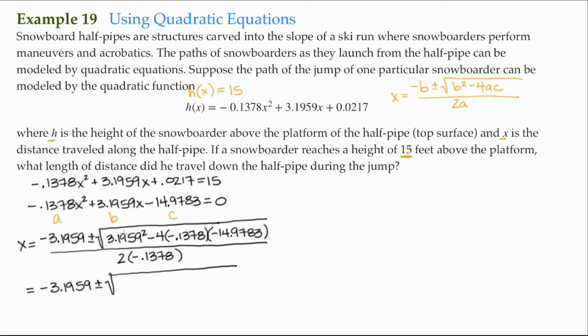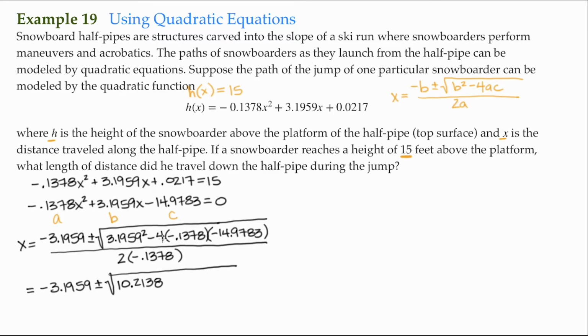When we plug in 3.1959 squared, since our original equation starts off with 4 decimals, we're going to stick with 4 decimals. When we square it, it comes out to be 10.2138.